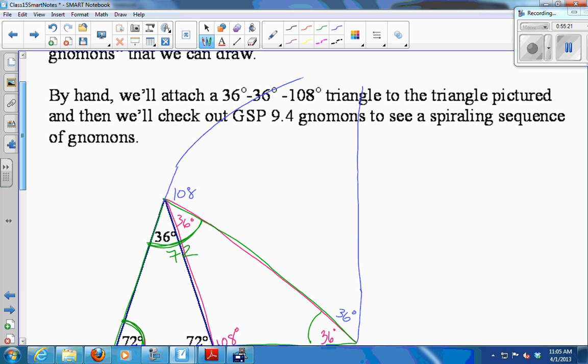I'm going to cheat. They'll eventually cross, right? And this is 36, 108, which means this one's going to have to be 36. And the big triangle is going to be 72, 72, 36.